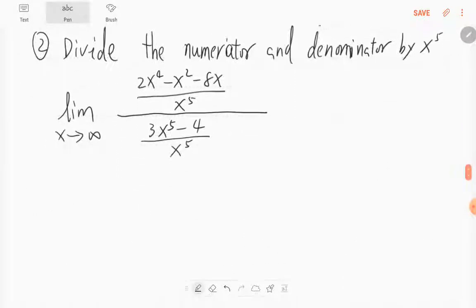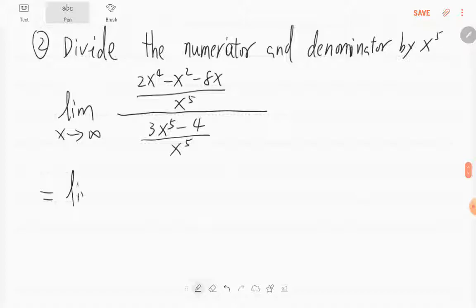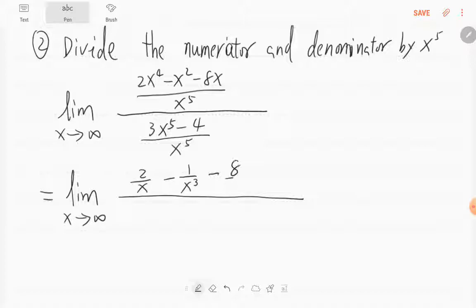Then you will see it would be 2 over x, since 2x to the fourth divided by x to the fifth is 1 over x, right? So it's 2 over x minus 1 over x cubed, each term divided by x to the fifth, and the denominator is 3 minus 4 over x to the fifth.